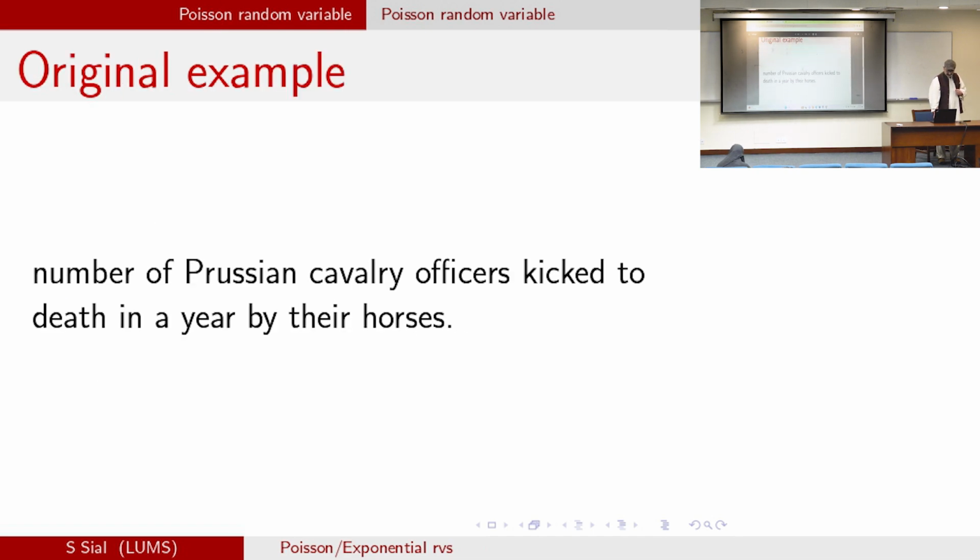Originally, the problem was, how do I allocate for widows' pensions? Widows of cavalry officers whose horses have kicked them to death get a pension. I can't possibly know how many mischievous horses there are this year. But I have to deal with it. I have to budget.